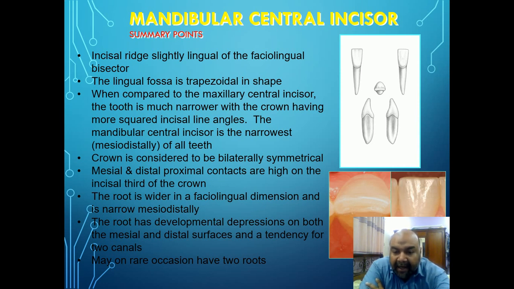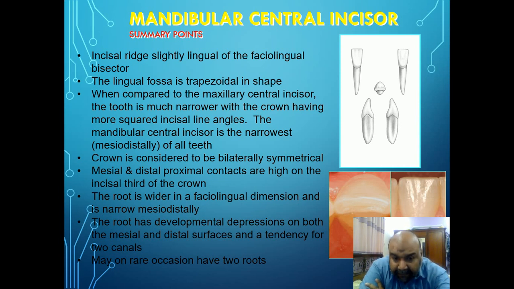Bilaterally symmetrical means that the contact areas are both found at the incisal 1/3, and the mesioincisal and distal incisal line angles are both acute angles. They are both 90 degrees. This tooth, be it the crown or be it the root, is much wider facio-lingually than mesiodistally.